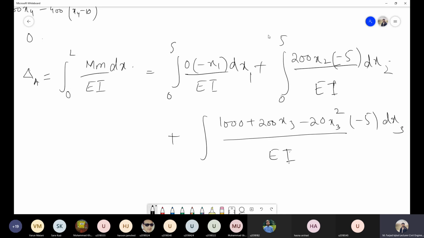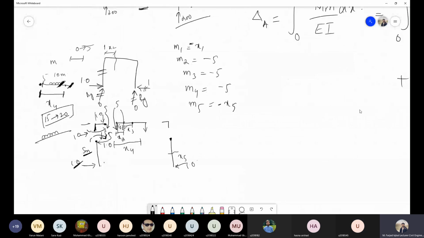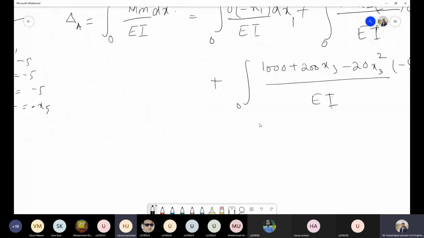So what will be the limits for this one? The 0 to 20. 0 to 20. Why 20? It will not be 20, it will be 0 to 15. Why 0 to 15?